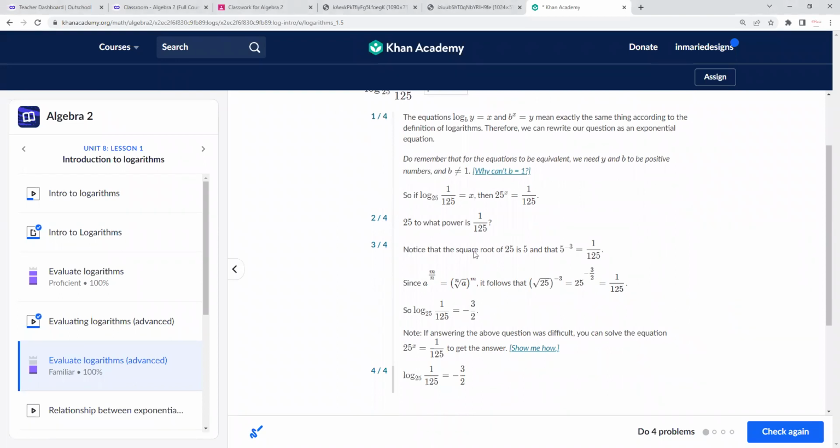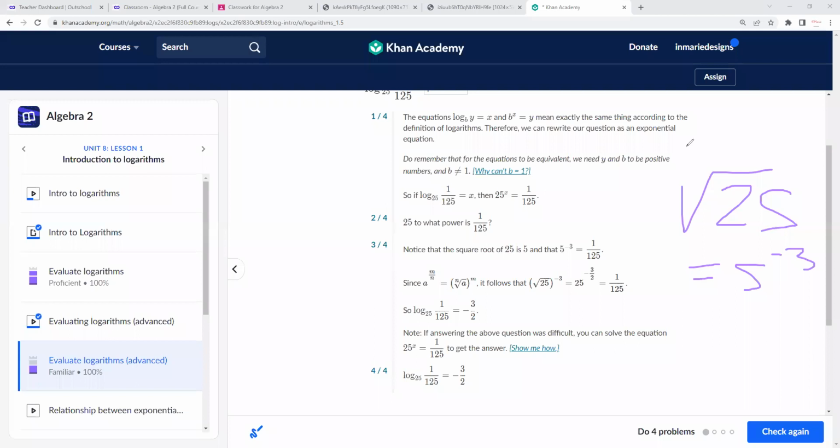Okay, so 25 is the power. Notice that the square root of 25 is 5, which is what I was kind of getting at a little bit. But I did 125. 5 to the negative 3rd is, okay, I get it. The square root of 25 is 5.